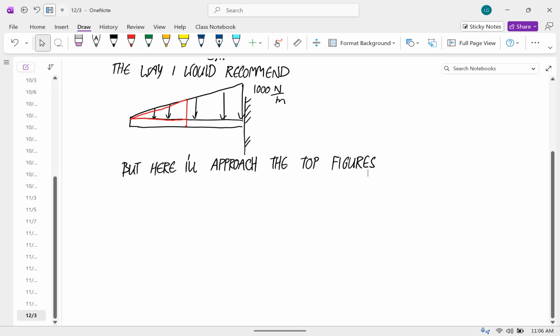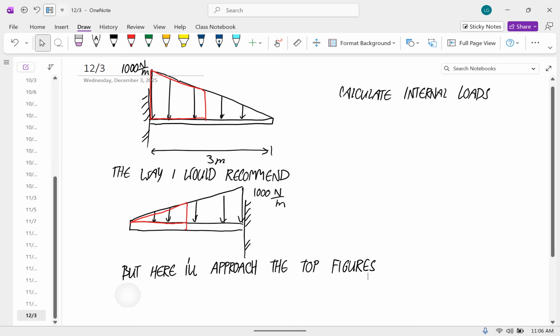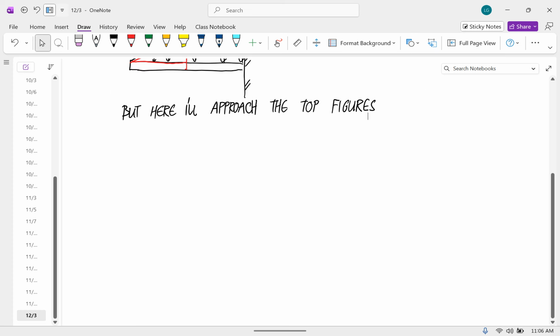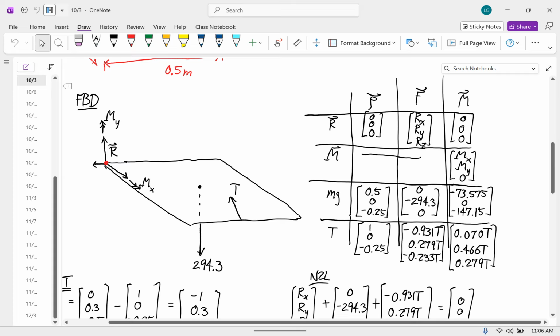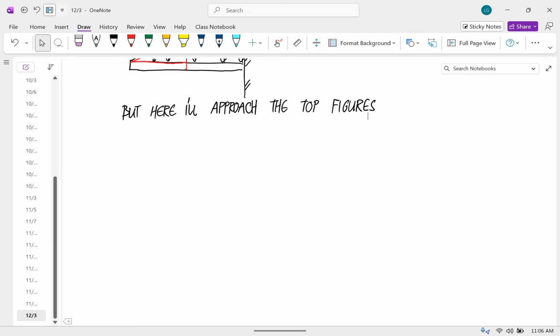Okay, all right. I'm going to do the one on the top, and the first step is going to be calculating the external loads. So, free body diagram of the whole thing.